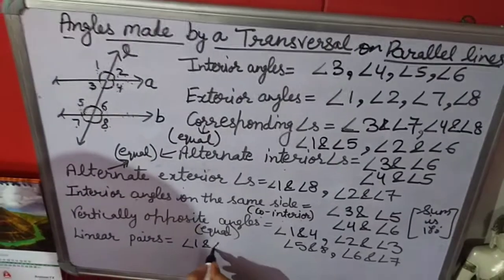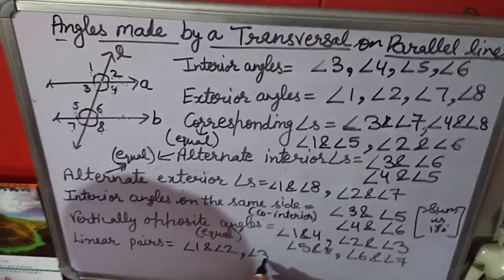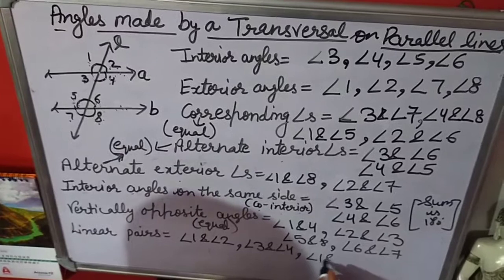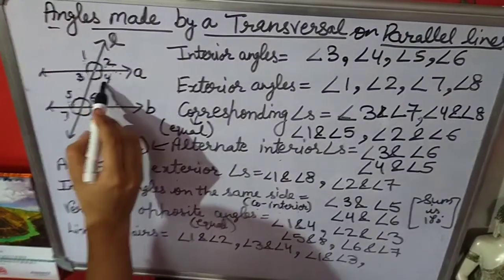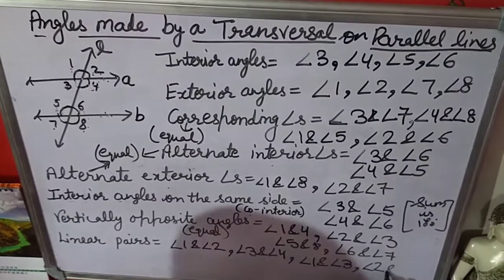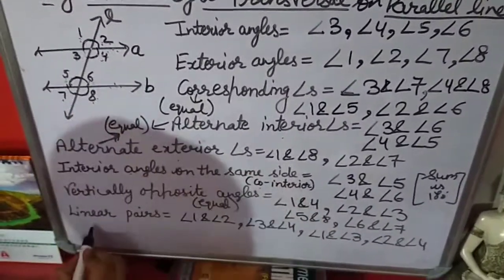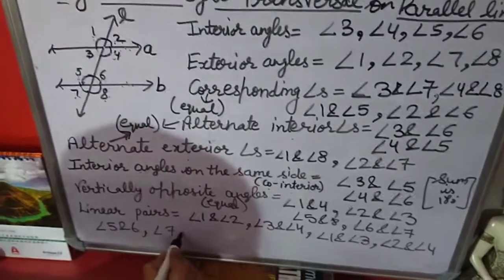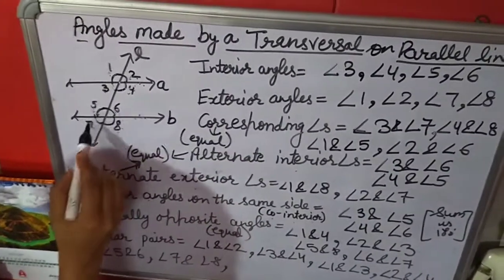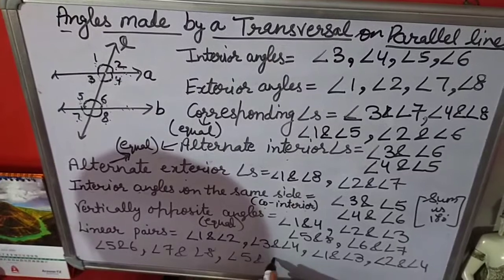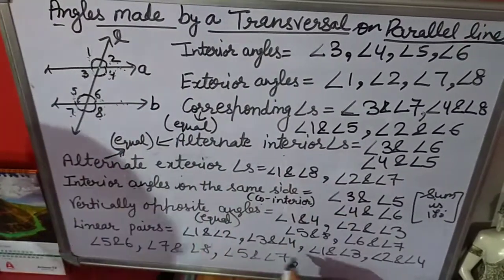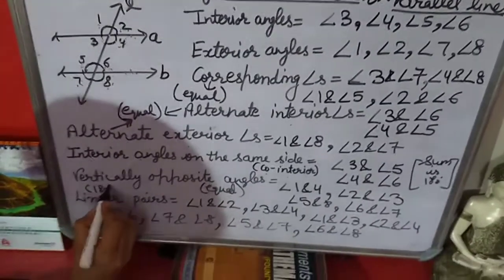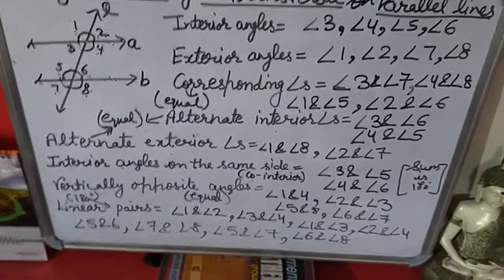Angle 1 and angle 2, angle 3 and angle 4, angle 1 and angle 3, angle 2 and angle 4, here angle 5 and angle 6, angle 7 and angle 8, angle 5 and 7, and last is 6 and 8. In a linear pair, the sum should be 180 degrees. So these are the linear pairs.